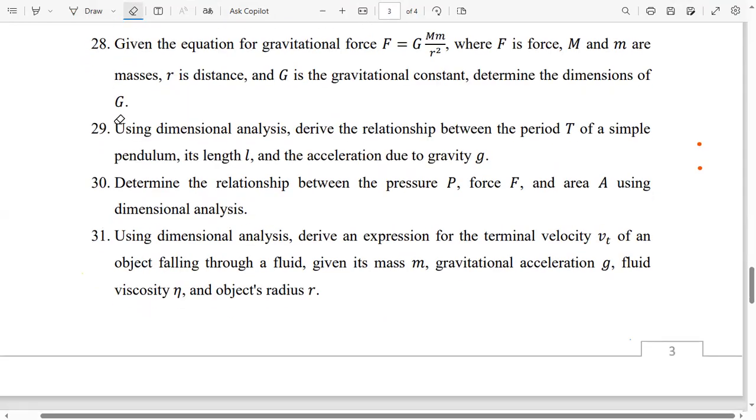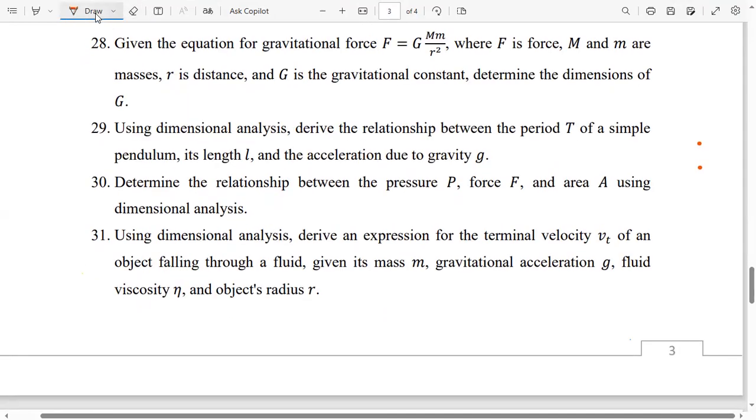So let's read this question 29. They're saying, using dimensional analysis, derive the relationship between the period of a simple pendulum, its length, and the acceleration due to gravity, g. So we are deriving a relationship between T, L and G.